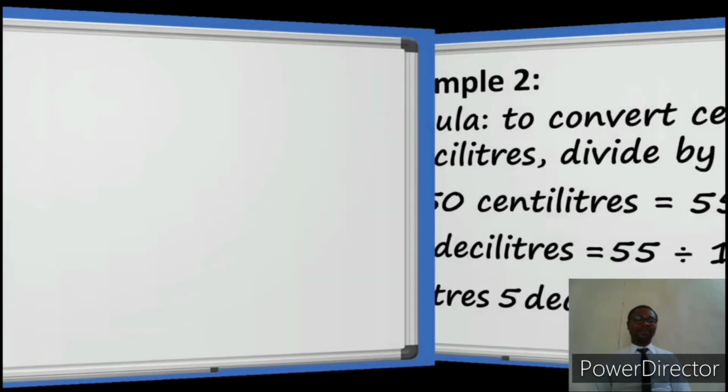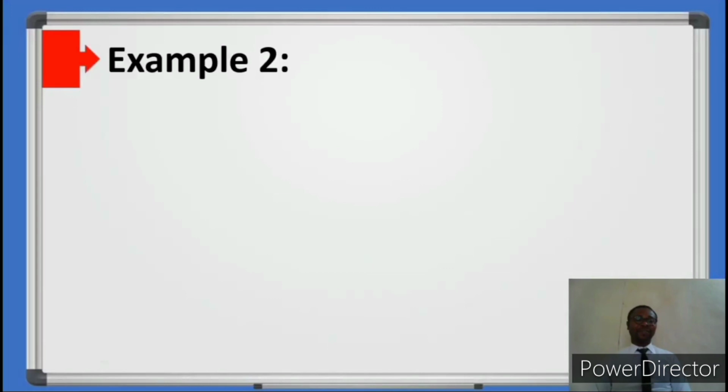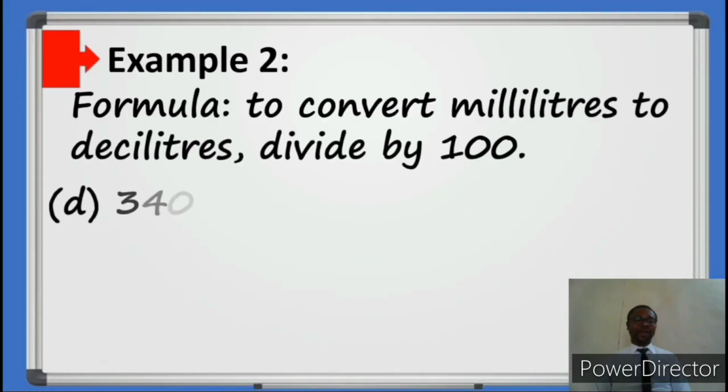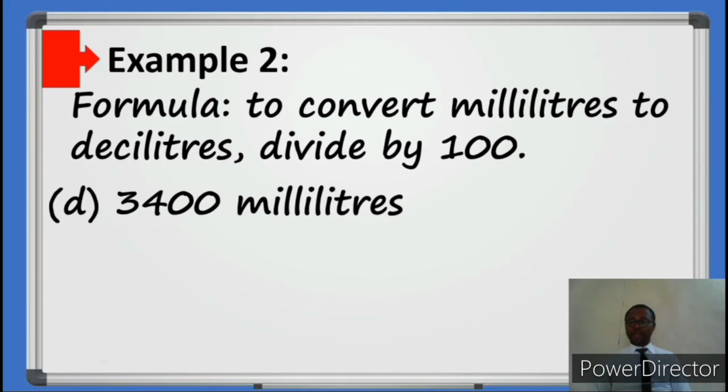Now let's take the last part of example 2, example 2d. We have 3,400 milliliters, and we are going to convert to liters and deciliters. Now look at the formula we're going to use this time. To convert milliliters to deciliters, divide by 100.